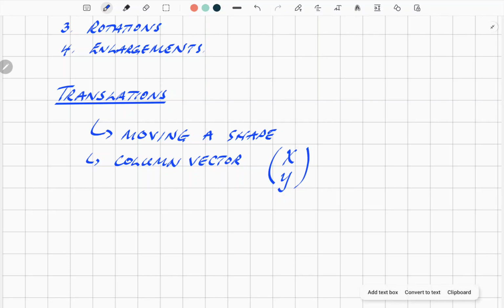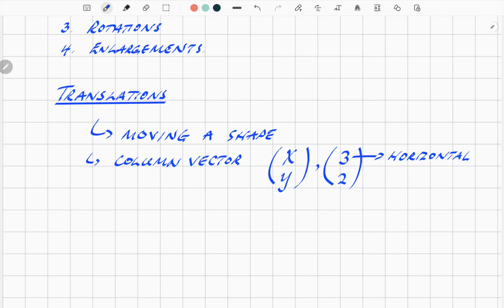So for example, you could have 3, 2, like that, all right? The top one always refers to the x-axis. So that means horizontal, all right? The second one, the bottom one, is always y, referring to the y-axis. So that is the vertical movement.